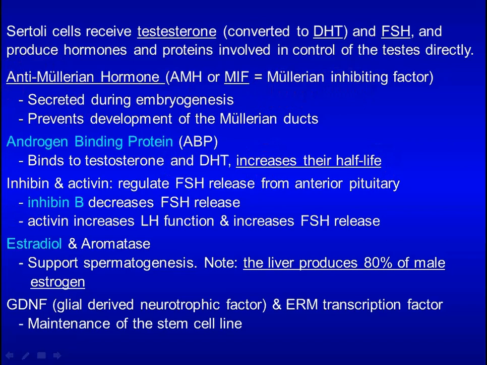Sertoli cells also produce inhibin B for negative feedback. They produce estradiol to support spermatogenesis. In fact, the liver produces most of the male estrogen.